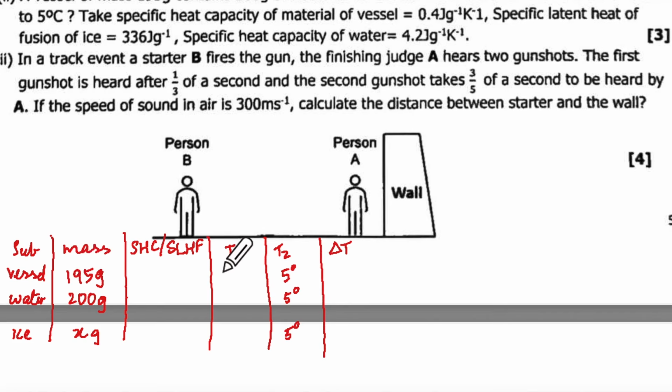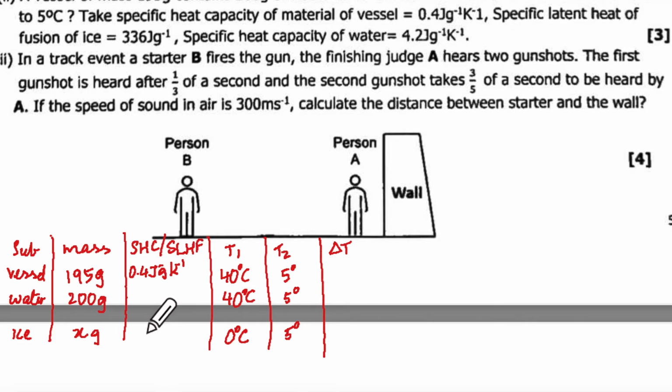Initial temperature of the vessel is 40 degrees C. Water is also 40 degrees C. And ice, if they don't mention the temperature, it means it is melting ice, but here they told 0 degree C. SHC of vessel is 0.4 joule per gram per Kelvin.